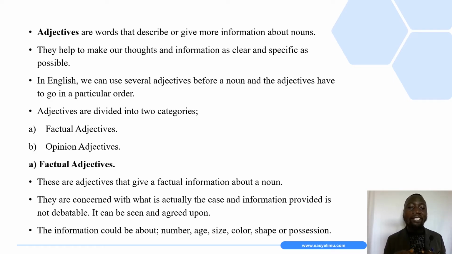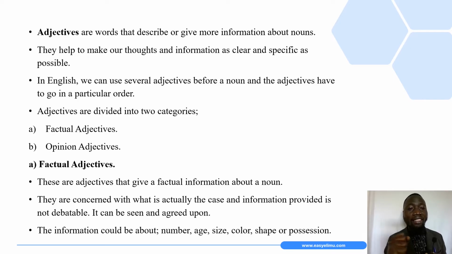are words that describe or give more information about nouns. So what are nouns? Nouns, remember, are naming words. They are names given to people, places, or things. Adjectives are words that are used to modify these nouns.